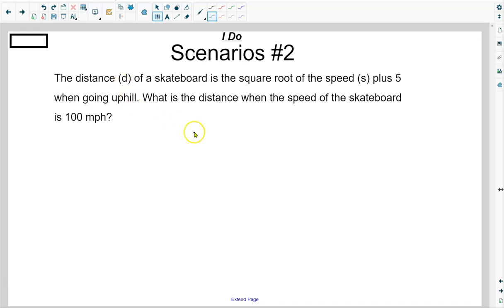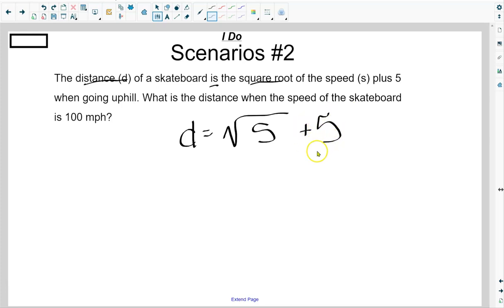So distance is the square root of the speed plus 5. So that's it. This is very powerful. You guys know what to do a lot of times when you haven't. And this isn't a 5, this is an S.